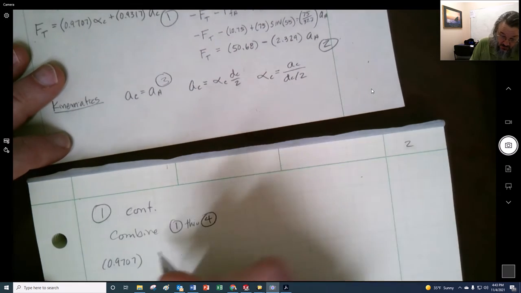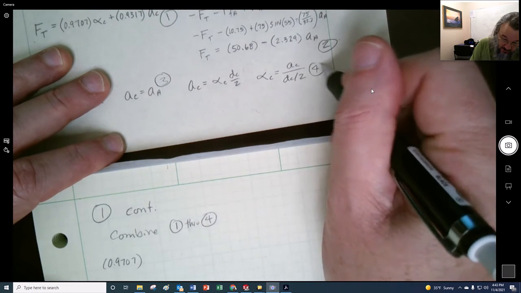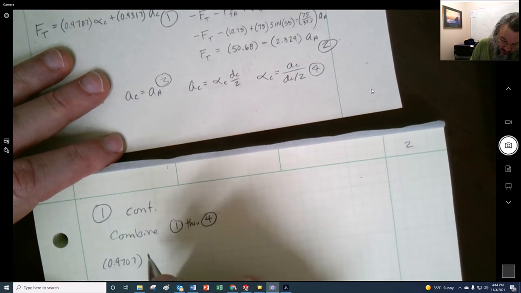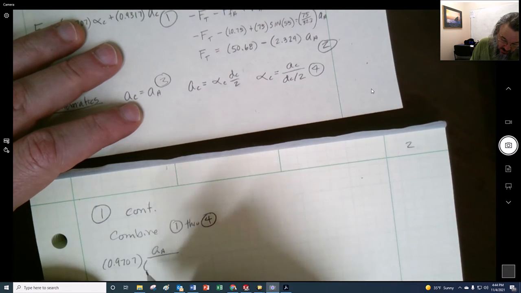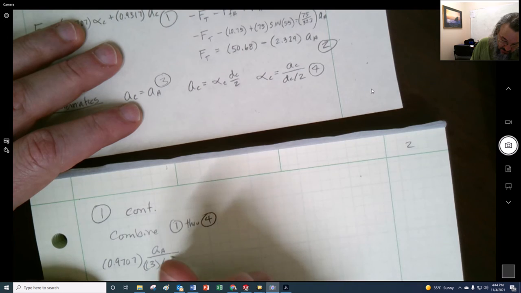I'll call that 4, and I can combine it with 3 in one step, substituting in for alpha, with 3 divided by 2 here.